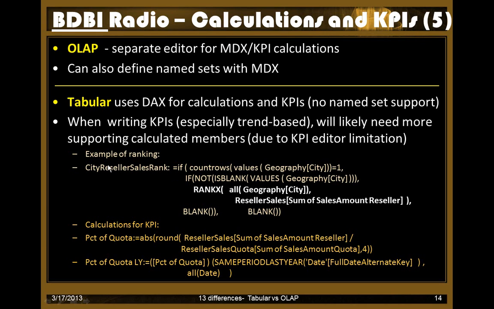So if we're going to use this and put it in a pivot table, we have to wrap it inside of a couple of if statements to make sure that we have more than one city, and that the current city isn't blank, that the current row isn't the subtotal in an Excel pivot table. So sometimes you have to actually wrap some of the DAX functions inside of some if checks based upon the context of how the calculation is being used.